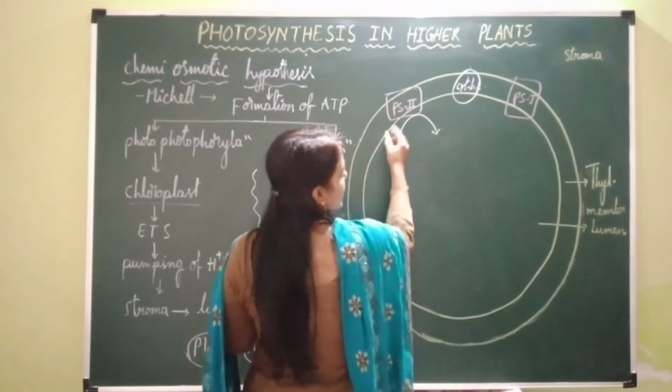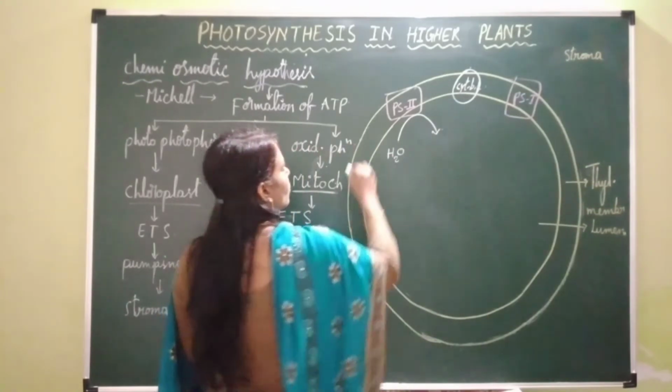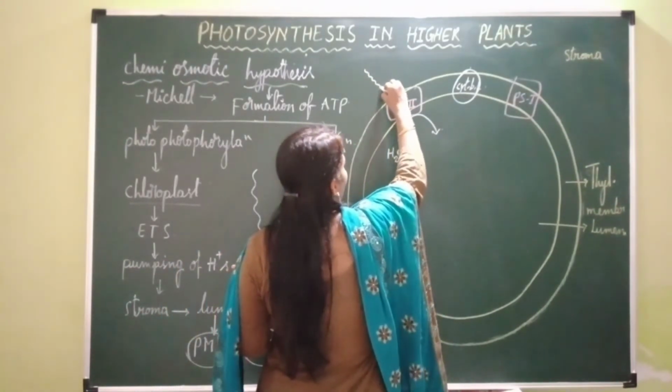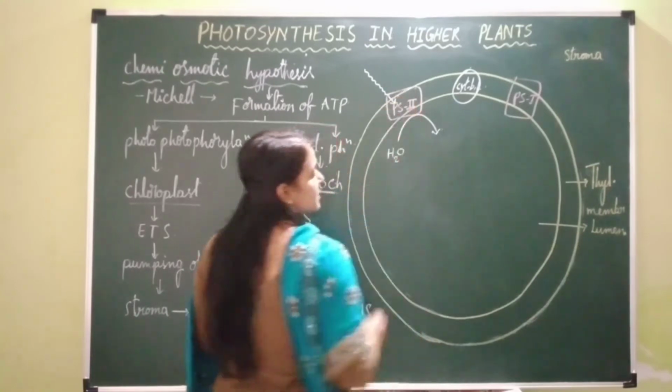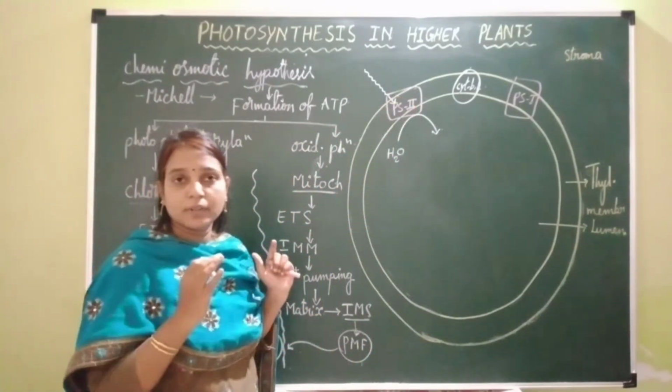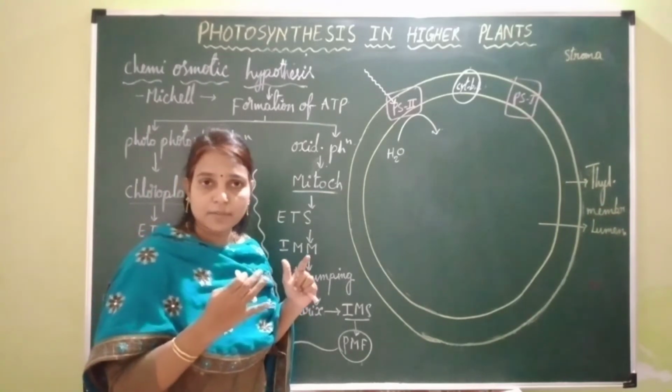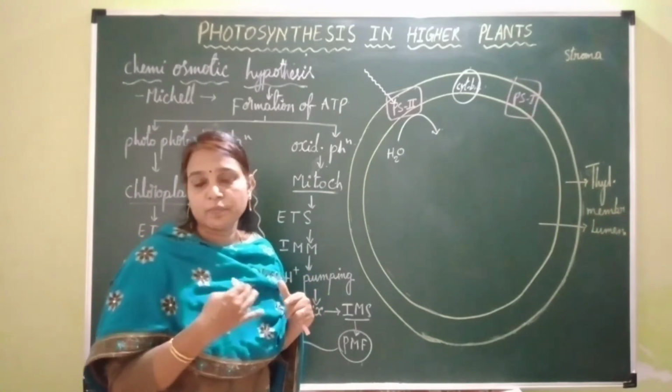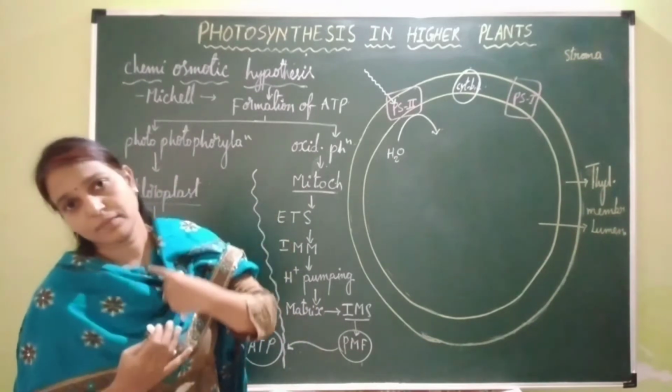When the reaction center of photosystem 2 absorbs sunlight, the electron gets excited. The reaction center of photosystem 2 is activated when it absorbs 680 nanometers wavelength of sunlight.